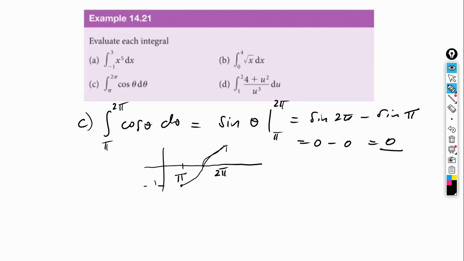So notice that these areas would cancel each other out, because this area here, since it's under the x-axis, is considered negative, and this area here above the x-axis is considered to be positive. So these two values would be equal and opposite, therefore they would cancel out, and we would get a total area under the curve of 0.